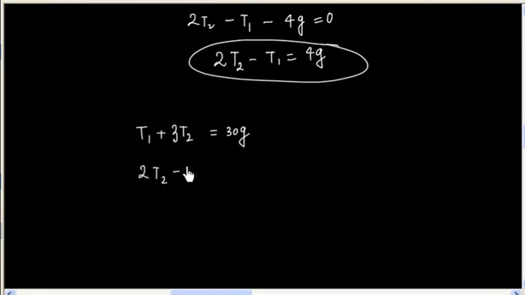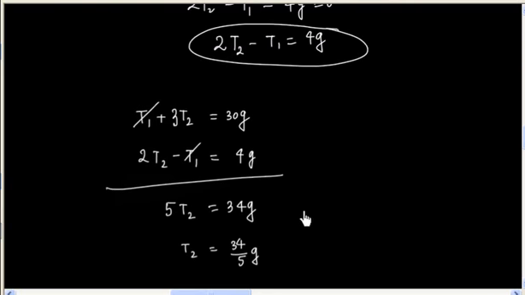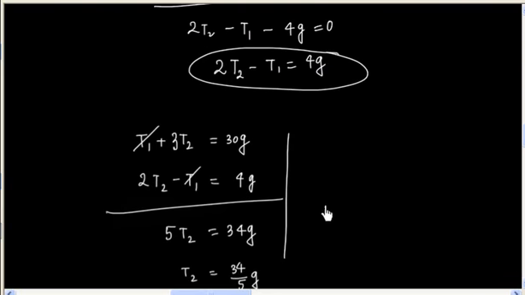And the second equation, 2T2 minus T1 is equal to 4g. Let us add these two equations. So we will have T2 is equal to 34 by 5 g. Similarly we can find T1.